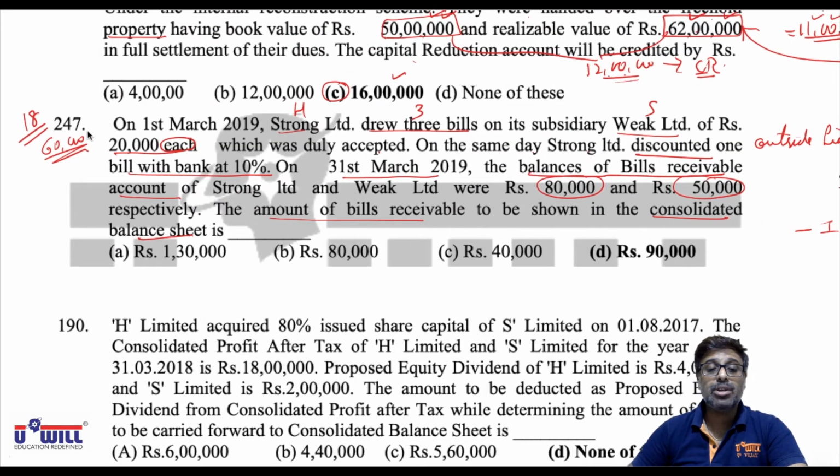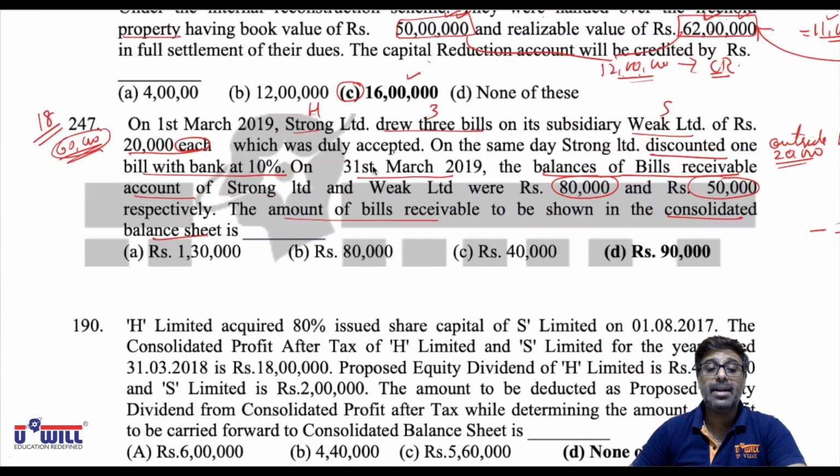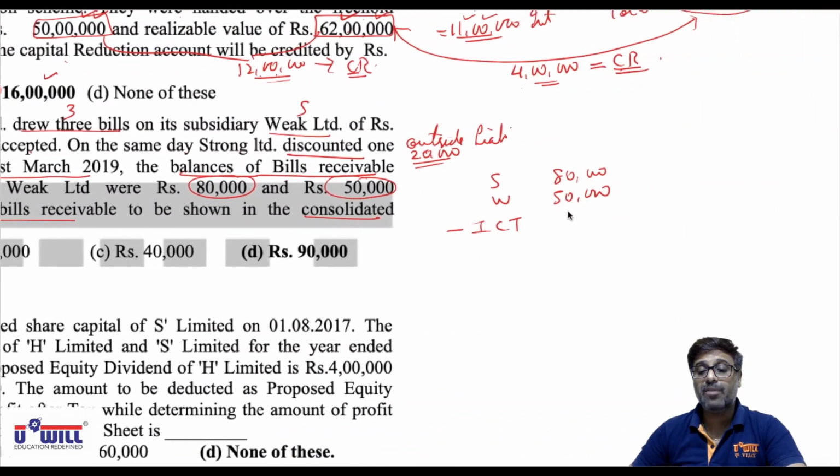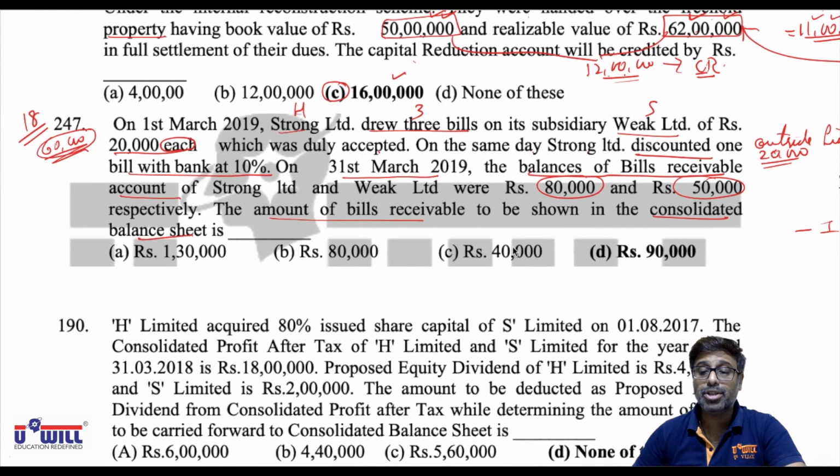Out of 60,000 of 3 bills, 1 bill of 20,000 becomes an outside liability because that is discounted with the bank. So 60 minus 20, 40,000 is intercompany liability. That we will subtract. So 80,000 plus 50,000, 1,30,000 minus 40,000. What amount of bills receivable will come in the consolidated balance sheet?